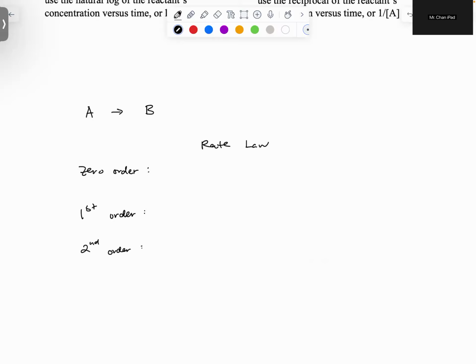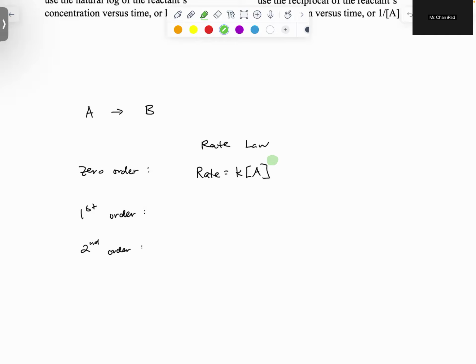Okay? So, how do you write a rate law? Not the integrated one. How do you write a rate law? The way you write the rate law, it's always going to have this kind of formatting. It's going to be K times the concentration of the reactant.